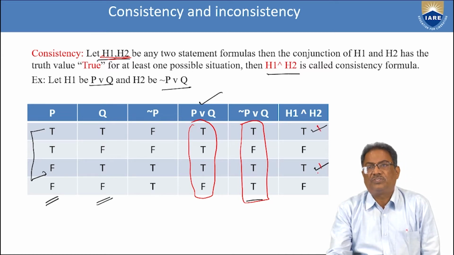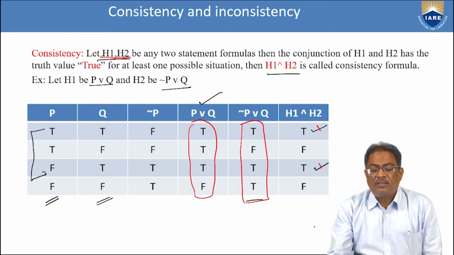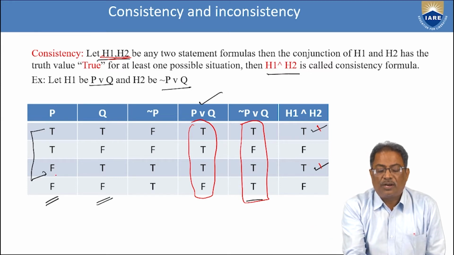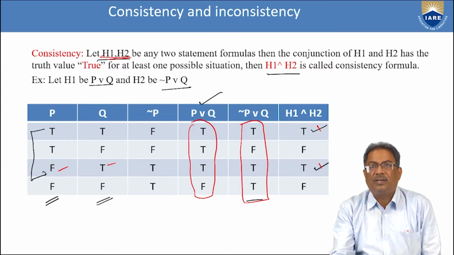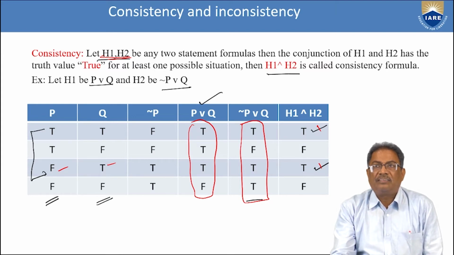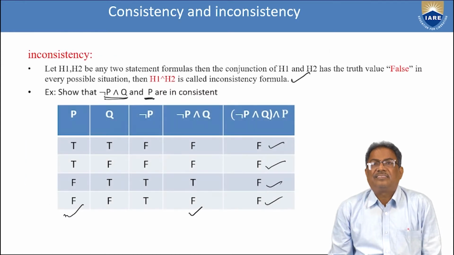Observe these two situations, only these are true: whenever P and Q both are true, and when one of P and Q is false and the other true. In these situations we get a true value. So we can say that H1 and H2 are consistent formulas.